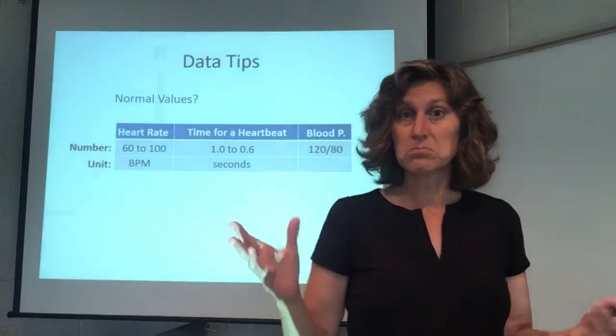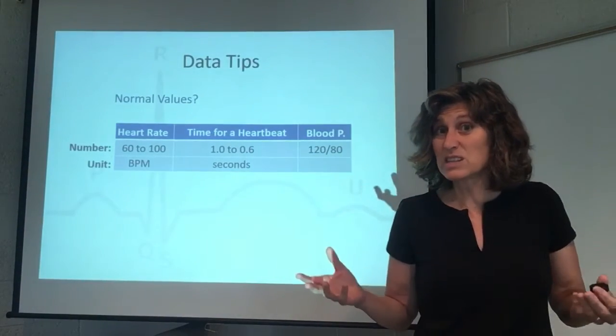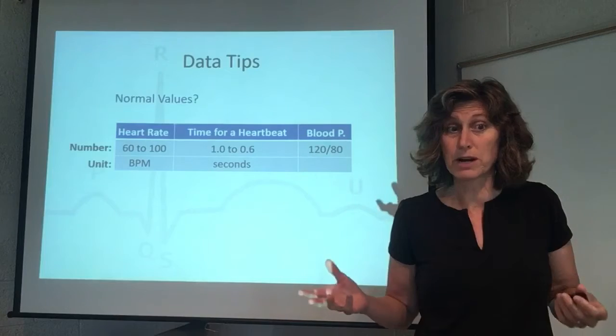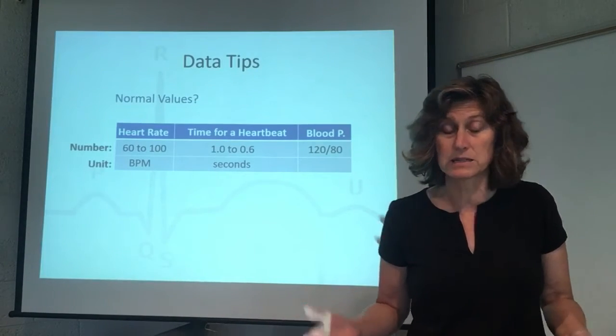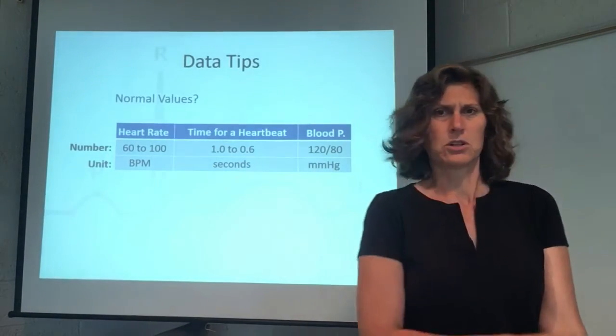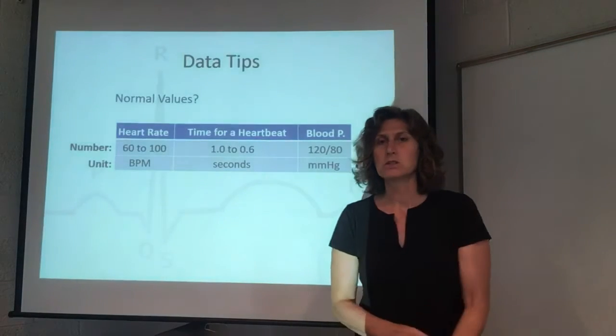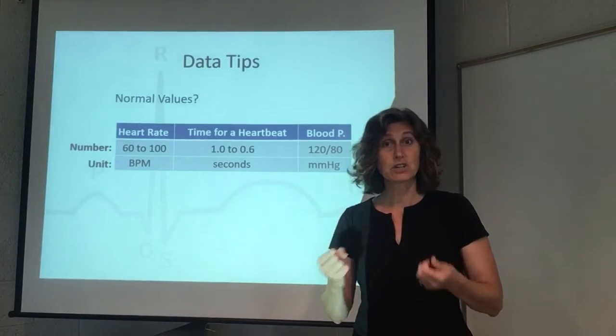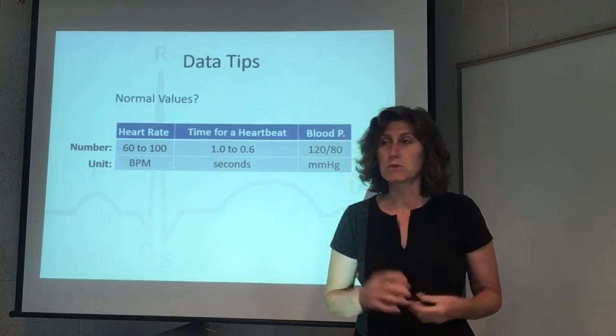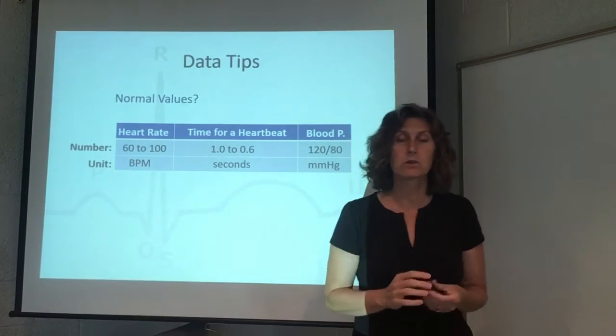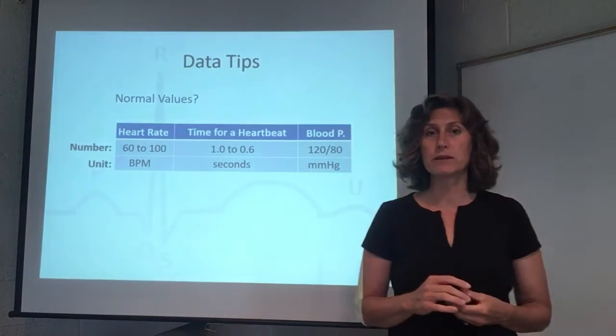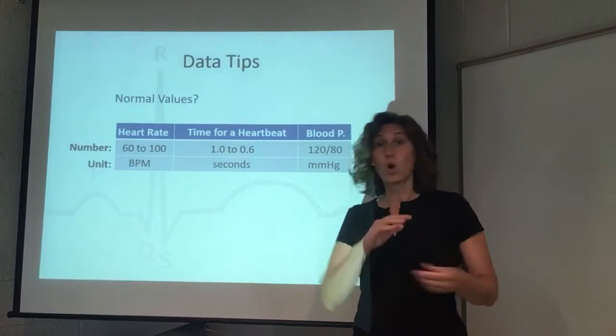But blood pressure, if you think about it, what is the unit of measure for blood pressure? Is it beats per minute? Is it seconds? It's actually millimeters of mercury, which is just a measure of that pressure at that moment. And there's a whole historical reason why mercury became a way of measuring it. But that's a whole other scale.